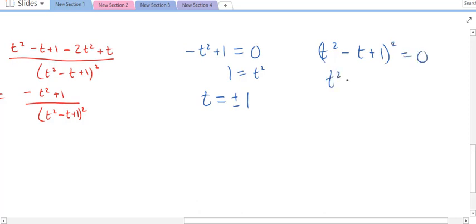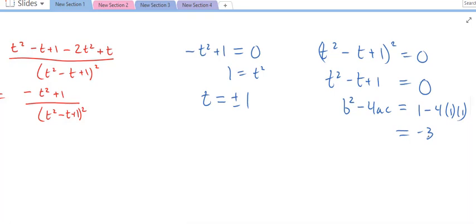And if we look at this, we actually know that this is going to have no solutions, because if we look at the discriminant of it, b squared minus 4ac, that part that comes underneath the radical, we get that this is 1 minus 4 times 1, which is negative 3. So underneath the radical, we're going to have a negative 3. So this is going to have no real solutions. So our only critical numbers are plus or minus 1 here.